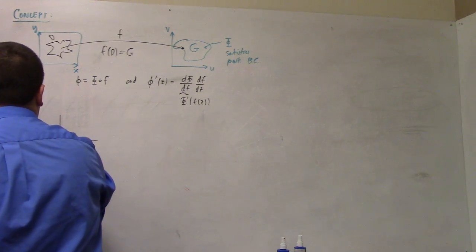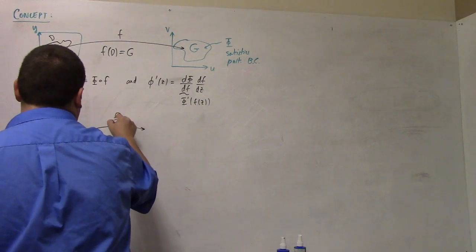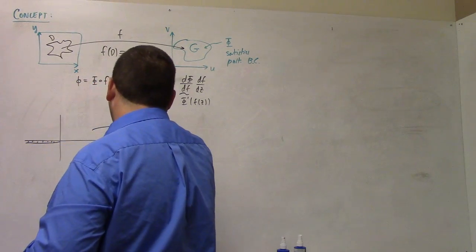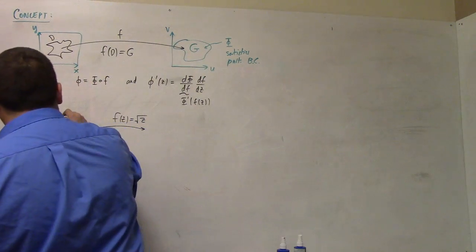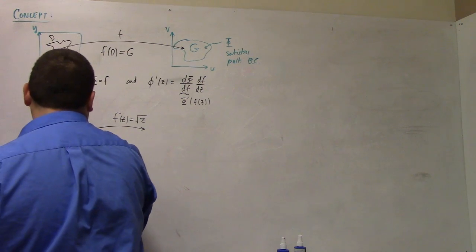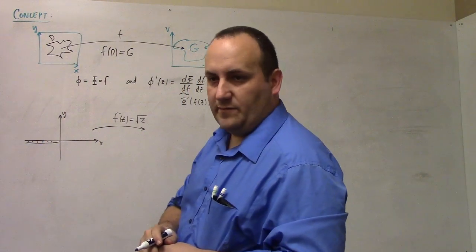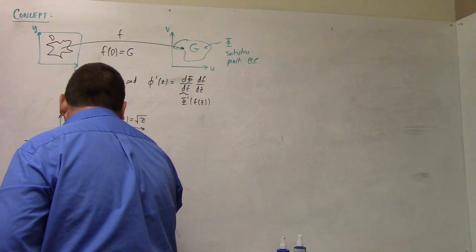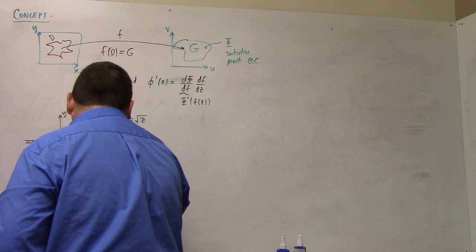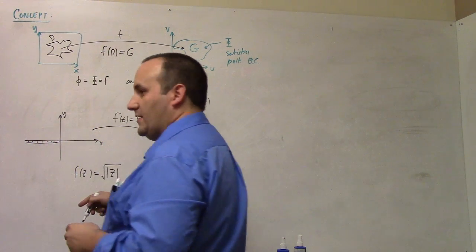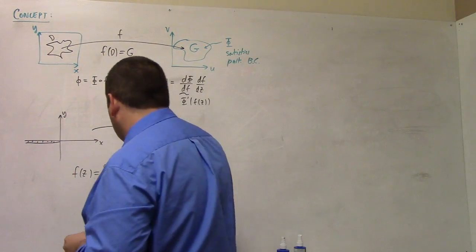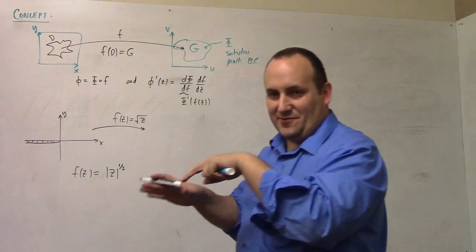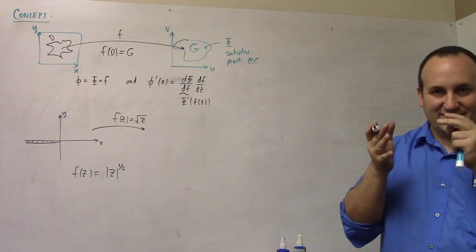I could look at the slit complex plane, with f of z equal to the square root of z, the principal square root. How is the principal square root defined? You take the modulus of z and take the ordinary garden variety real square root. This is not a set of values.